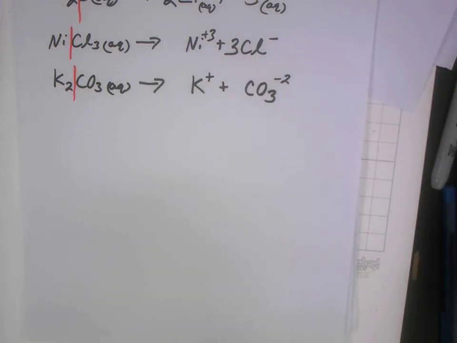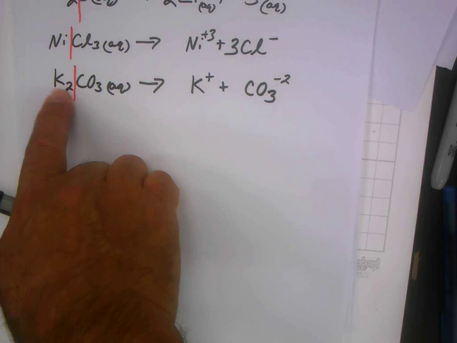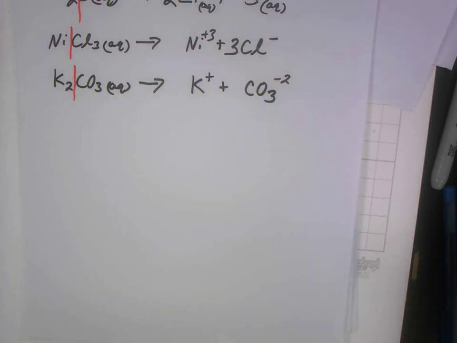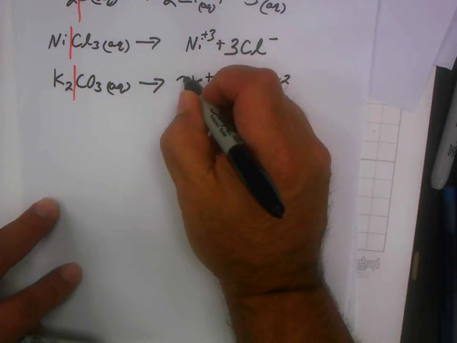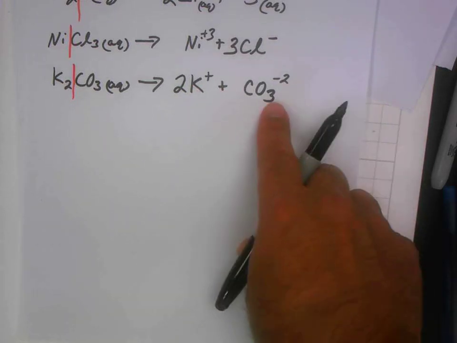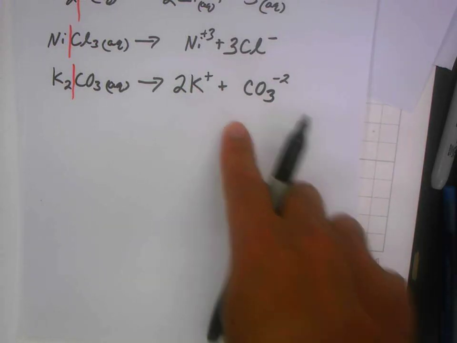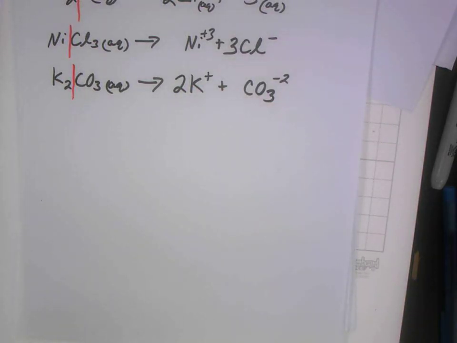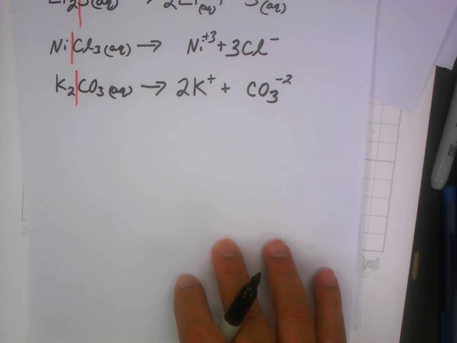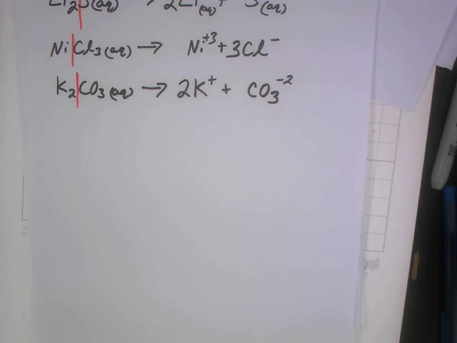There we go. Since the 2 is not part of the formula for potassium, we bring it up to the front. But the 3 doesn't get moved up to the front, because the 3 is part of the carbonate formula. Okay, we have to keep the carbonate together. It's telling us that the carbonate has 1 carbon attached to 3 oxygens. That's your carbonate ion.